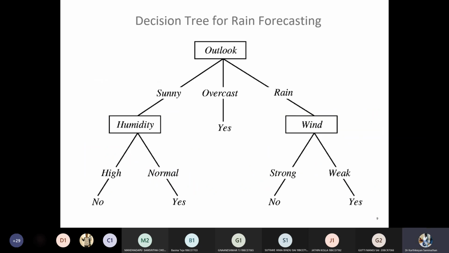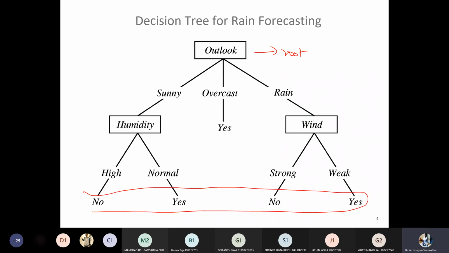So how do you represent the decision tree? This is a sample decision tree for a rain forecasting problem. Outlook, as you know, is your root. These are all your leaf nodes, and leaf nodes we call decisions. These are branches, and branches are outcomes.